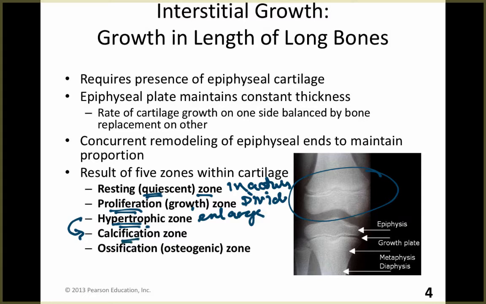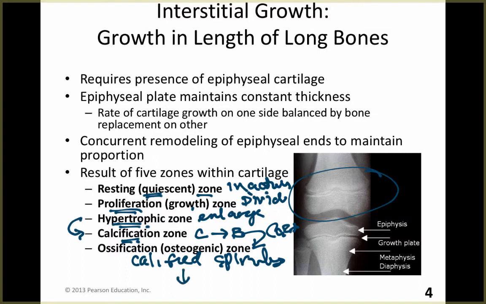And that's because there's a zone that has calcification. So basically we're getting the cartilage going into bone, or about to in this area, because you're getting the release of calcium here, right? And the ossification or the osteogenic zone, this is where you're starting to get the calcified spicules, right? That essentially will end up being all the spongy bone.